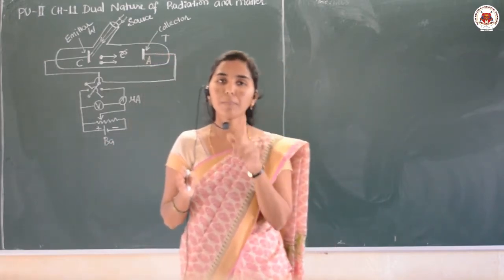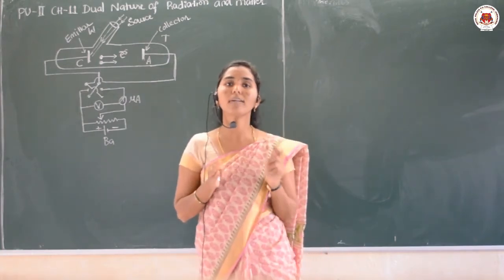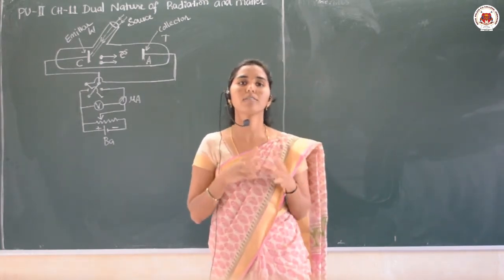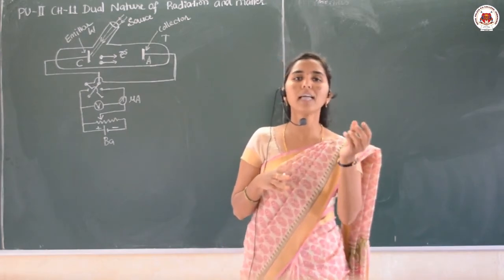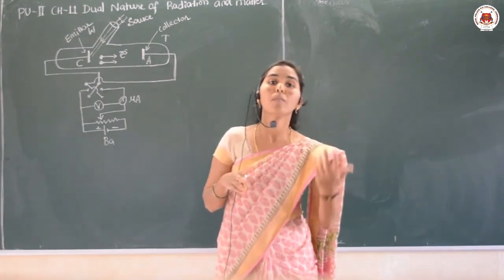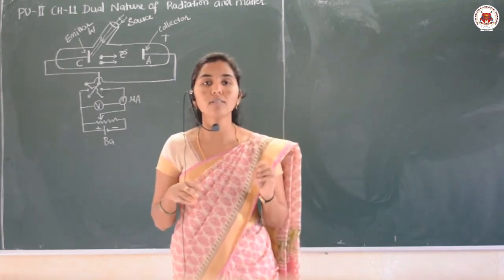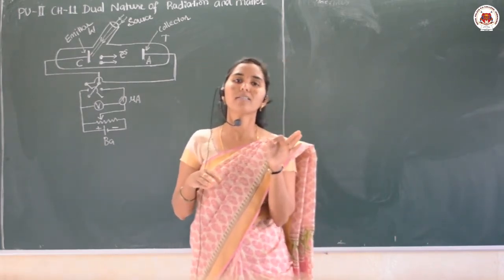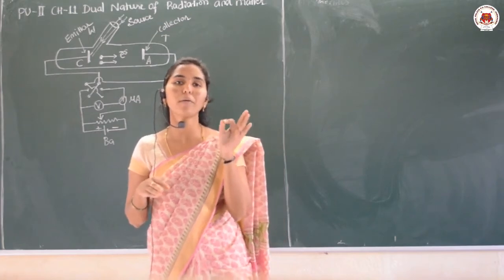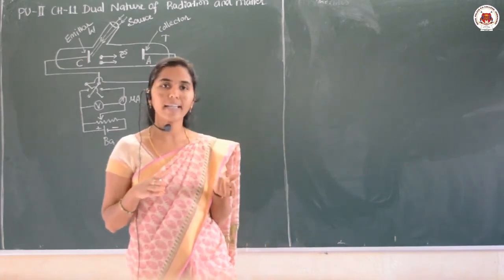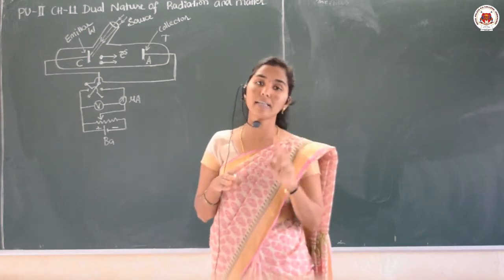In the previous class I used one term, photosensitive material. What are photosensitive materials? The material or metal which can produce photoelectrons when it is irradiated with light of suitable frequency. A few examples are zinc and magnesium.